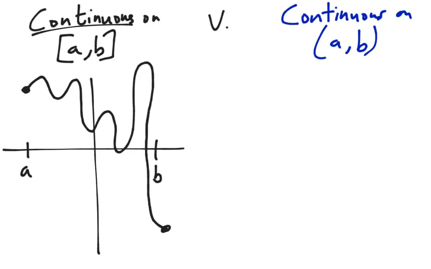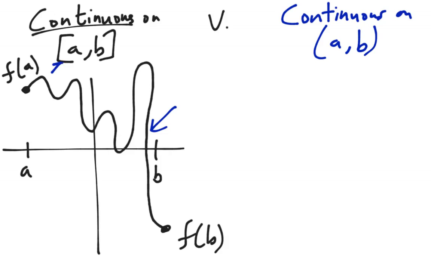And as long as you connect a and b, and here are the y values, f of a and f of b, you're good to go. This function is continuous. Maybe I broke some rules here. Pretend that has like a negative slope and not like an infinite slope. But yeah, you get the idea.